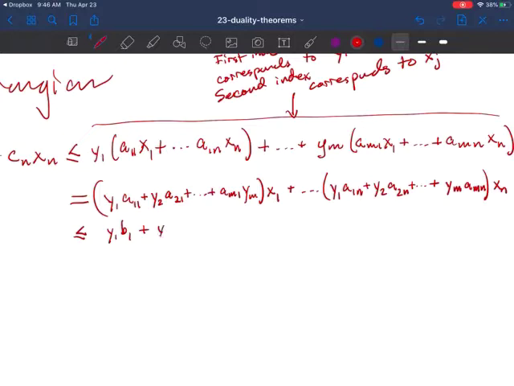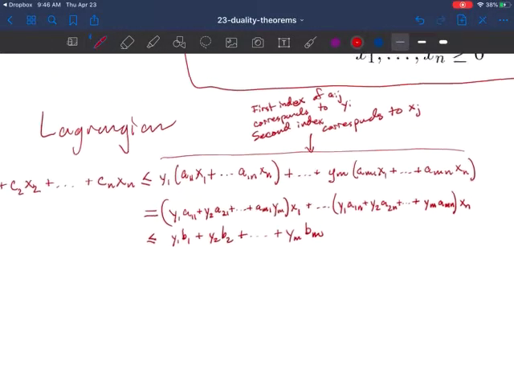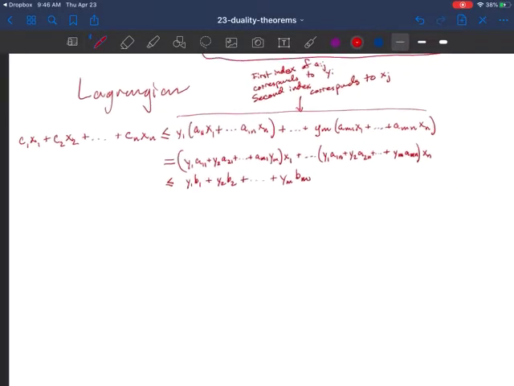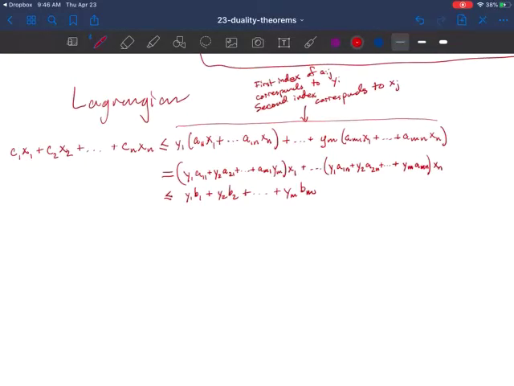And what I want to enforce is that this is all less than or equal to y1 b1 plus y2 b2 plus dot dot dot plus ym bm.